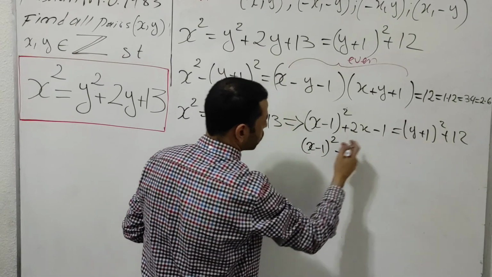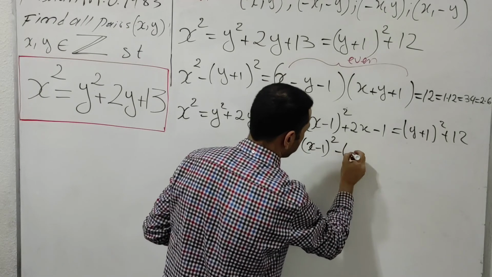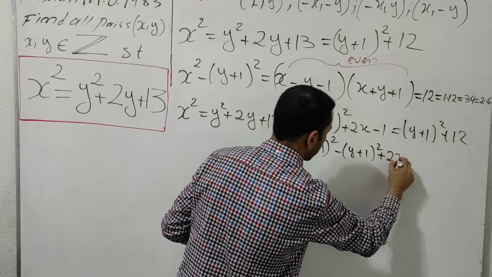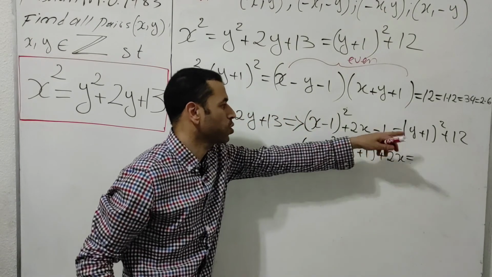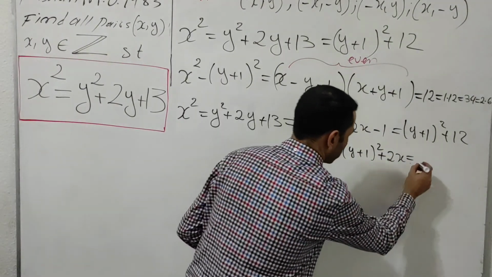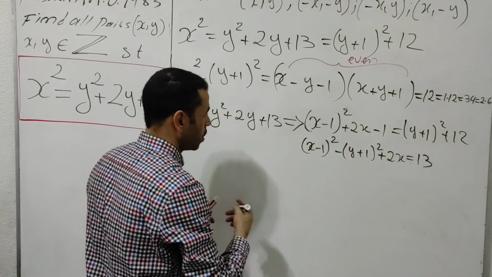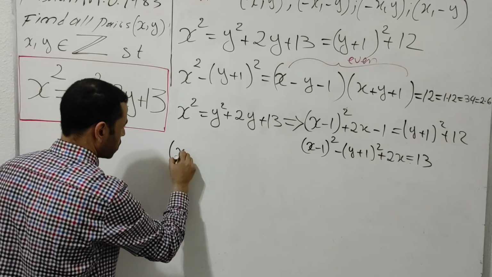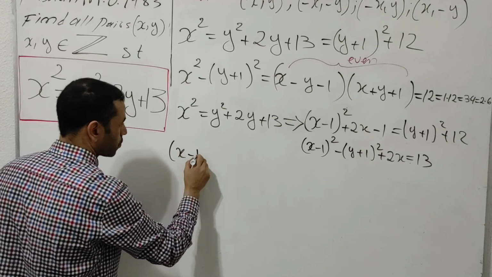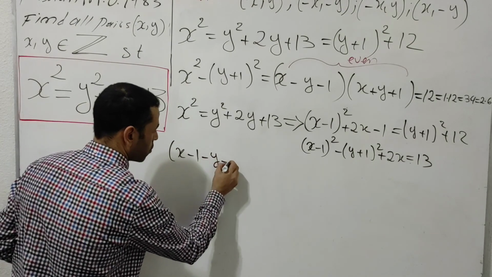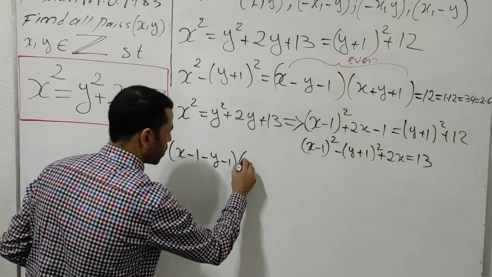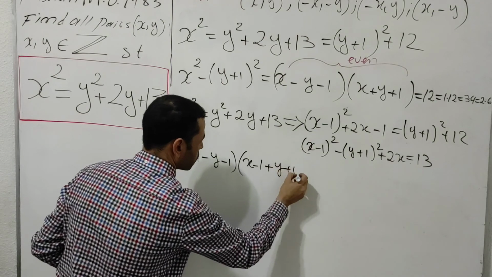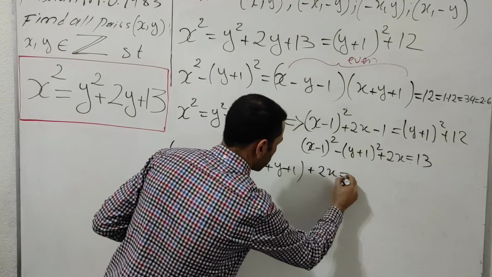By taking this term to the left hand side of this equation, I will get minus (y plus 1) squared plus 2 times x. By bringing this minus 1 to the right hand side, I will get 13. Now I'm going to simplify this more. I will get (x minus 1 minus y minus 1) multiplied by (x minus 1 plus y plus 1) plus 2 times x equals 13.